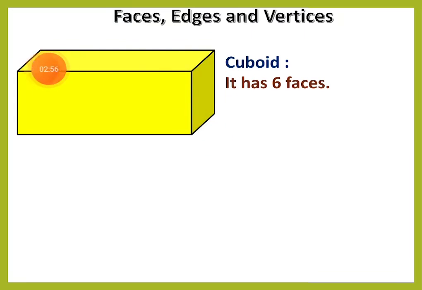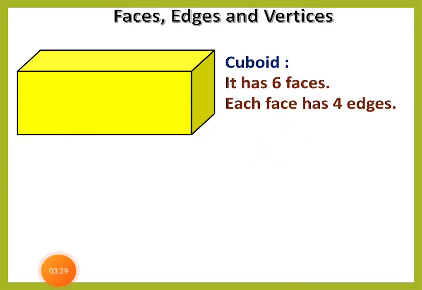Likewise, the rectangular region towards the left-hand side is the fourth face. The upper top rectangular region is the fifth face. And if you consider the bottom rectangular region, that is also another face, which makes a total of 6 faces for this cuboid shape.